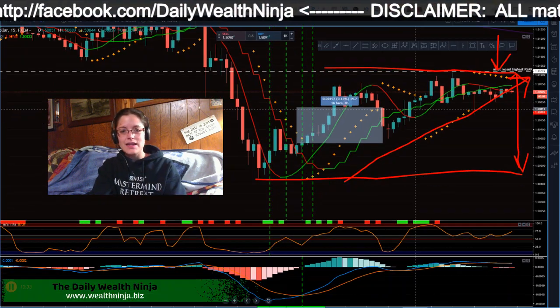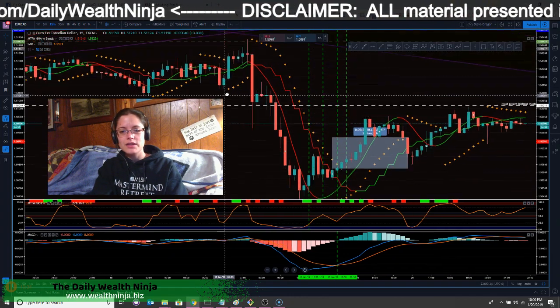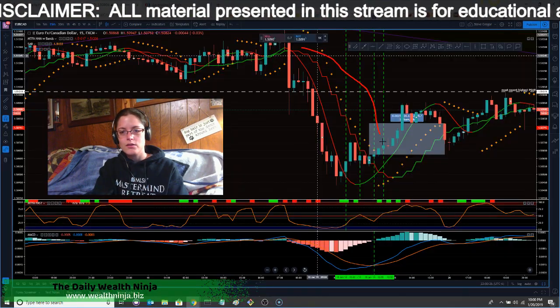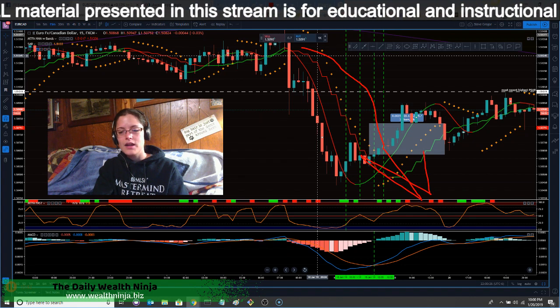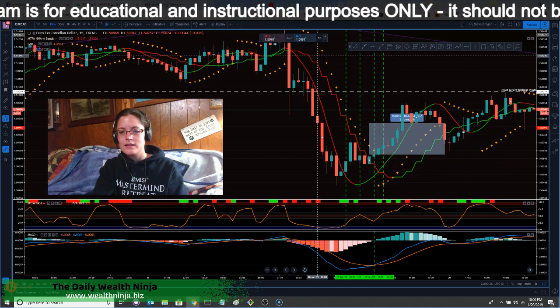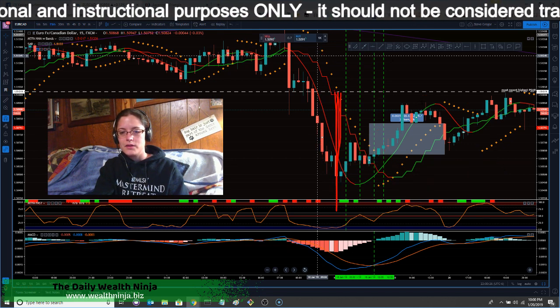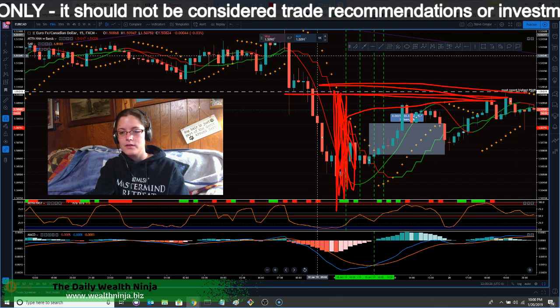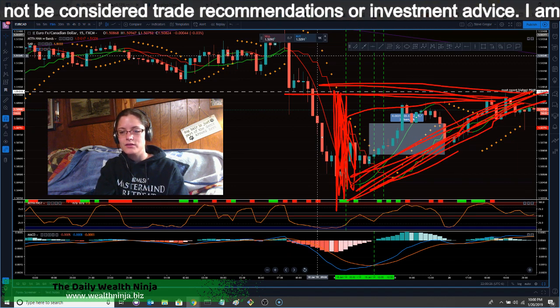We see that it's the end of a downtrend, right? So the downtrend is right here. And now we're in continuation, and you can see it's flat on top, and it's an ascending triangle, right?